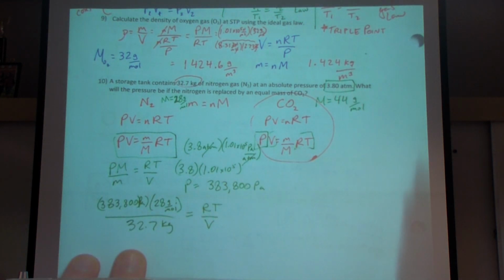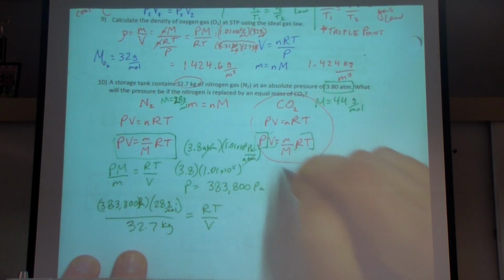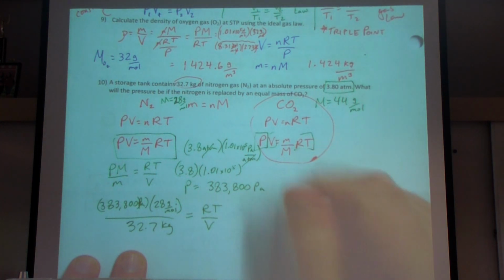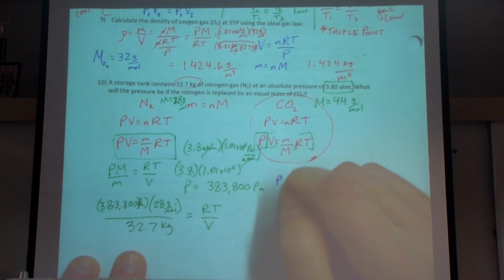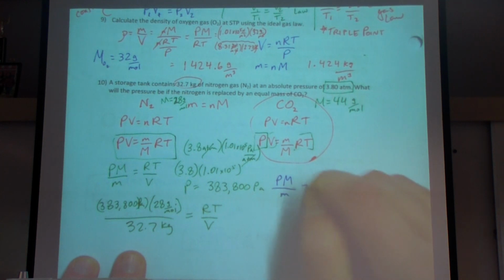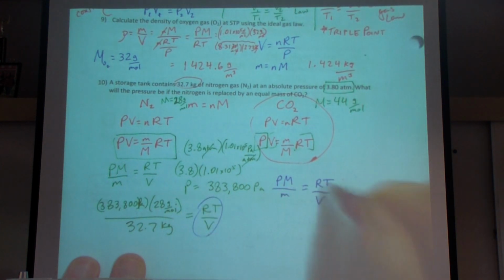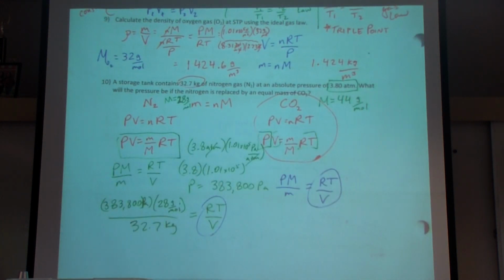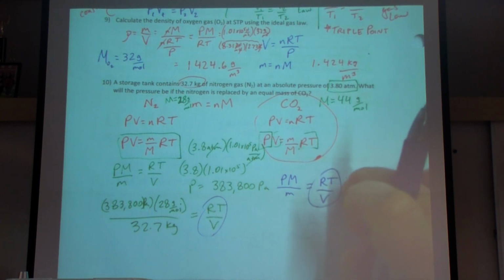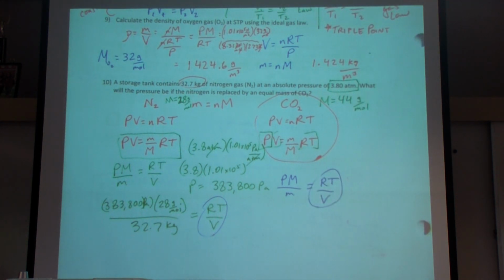Rearrange this equation. For carbon dioxide, I'm going to get, let me use blue, PM over little m equals RT over V. This RT over V is the same as that RT over V. Same container, same temperature, same universal gas constant.